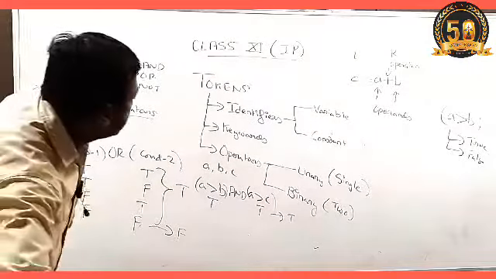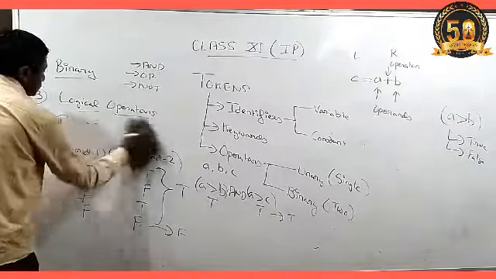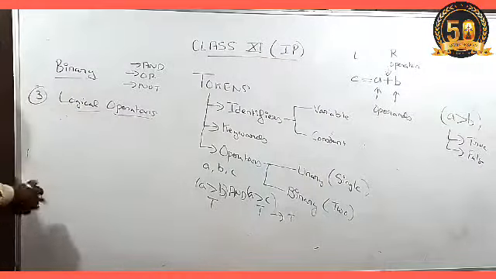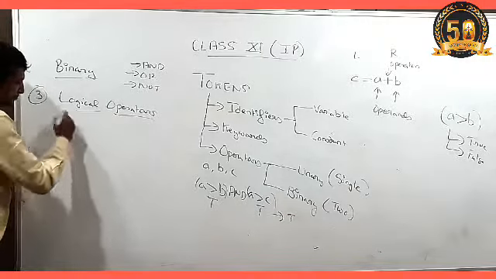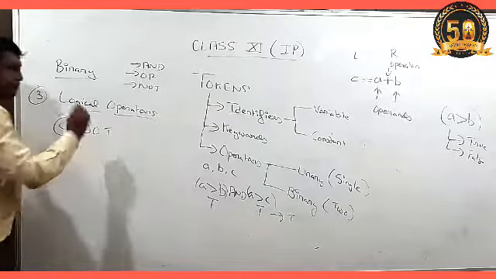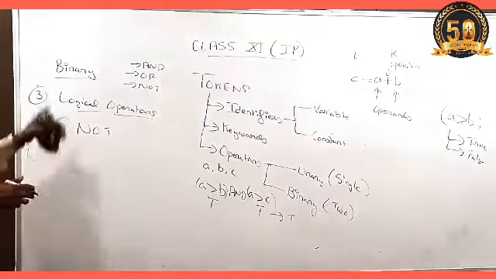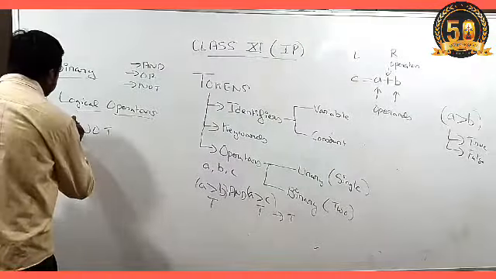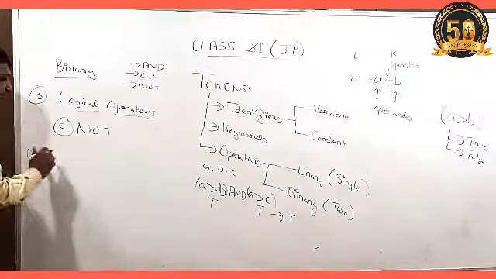Now come to the third operator. Third logical operator, that is the NOT operator. NOT operator is not the binary operator, it is one of the unary operator and it works over the single condition. So what is the working of NOT operator?